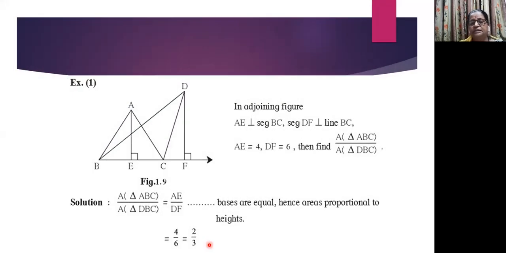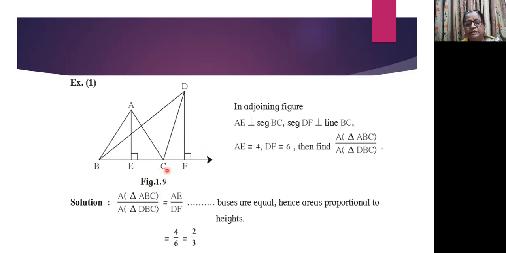Here we can see two triangles. One triangle is ABC, and another triangle is DBC. In these triangles, AE is the height of triangle ABC and DF is the height of triangle DBC.